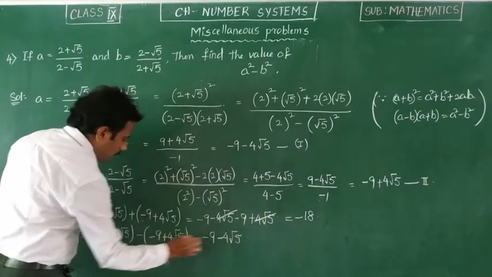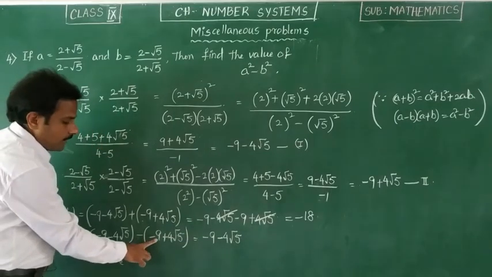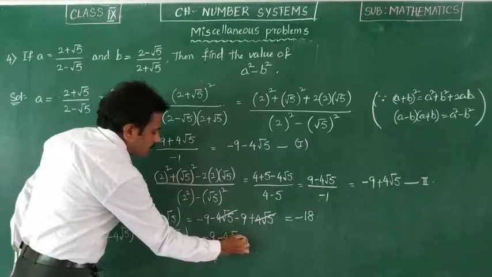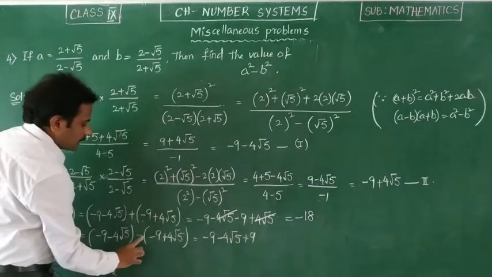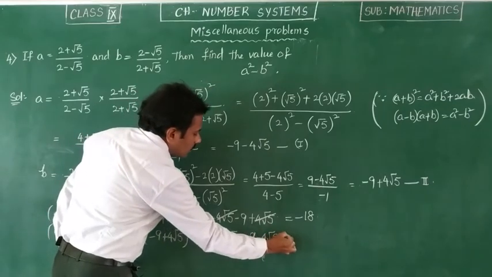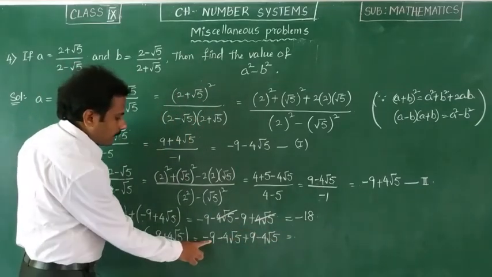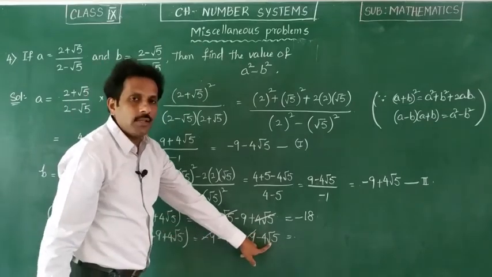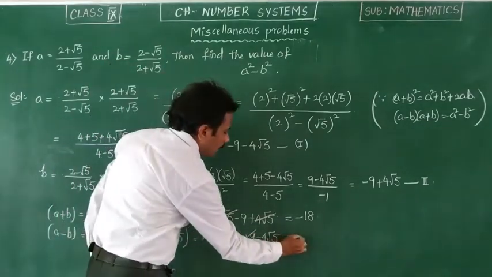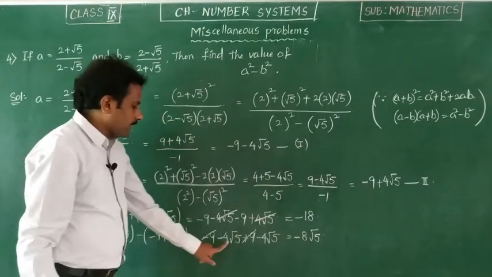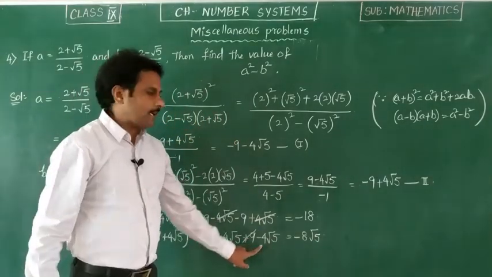Since we are multiplying by minus, the signs of the second term will be changed. Minus into minus is plus 9, minus into plus is minus 4 root 5. Obviously here minus 9 plus 9 will get cancelled. Minus 4 root 5 minus 4 root 5, we get minus 8 root 5, because minus 4 minus 4 is minus 8.